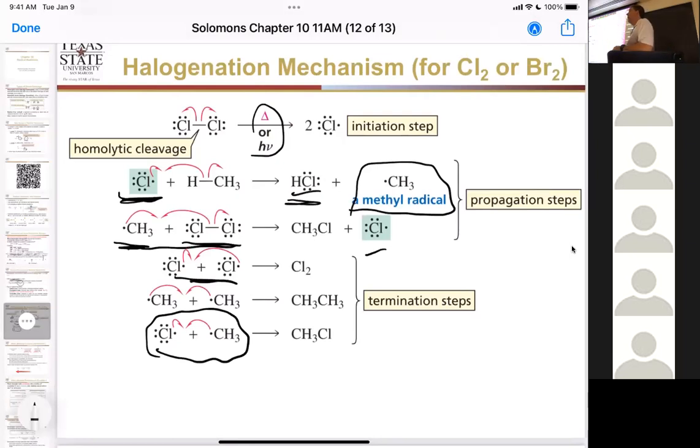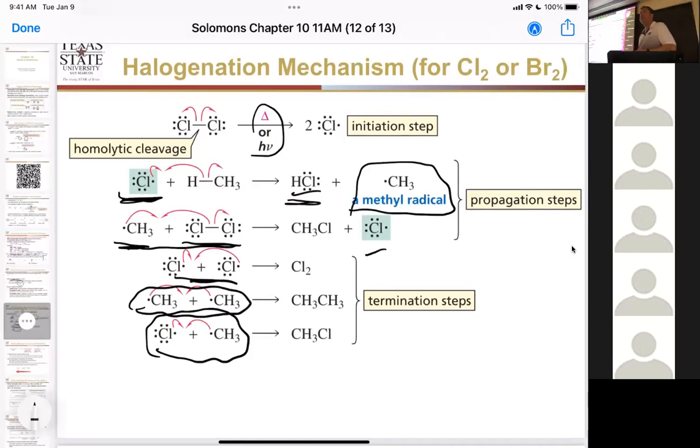It terminates the radical. So those are termination steps. Now, the unhelpful one is where you have two methyl radicals combining together to extend your chain out. You wanted the chlorinated product. You've now made an impurity. So this is the bad termination step, where your carbon radicals terminate each other, and they end up with that termination step.